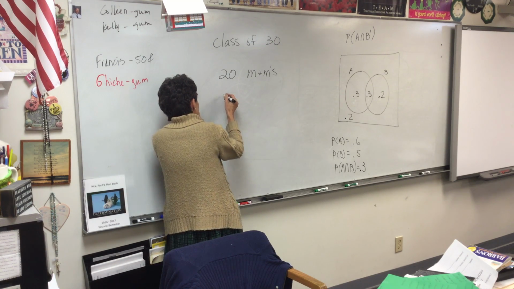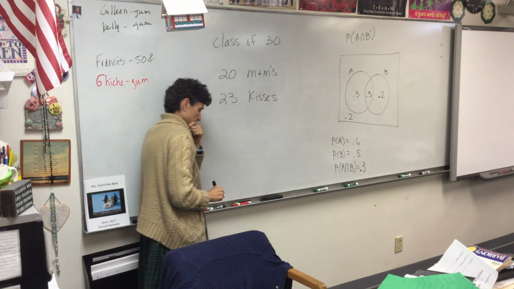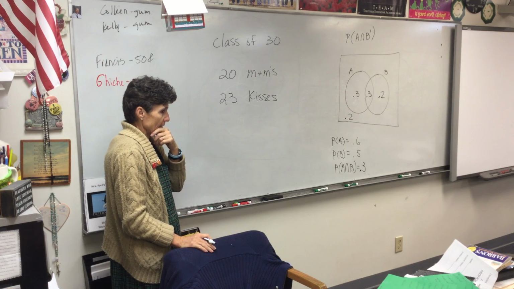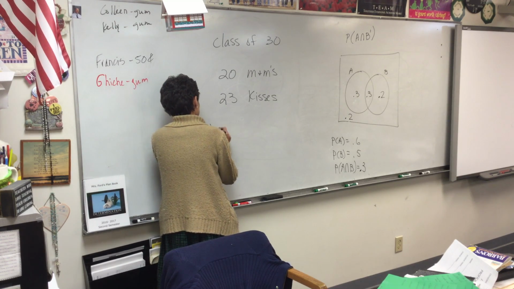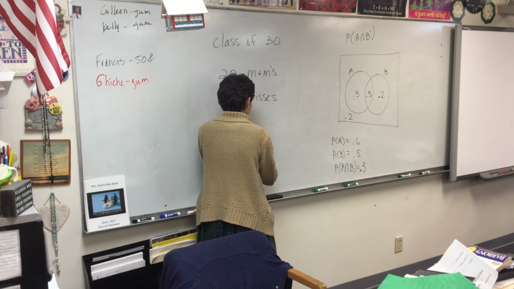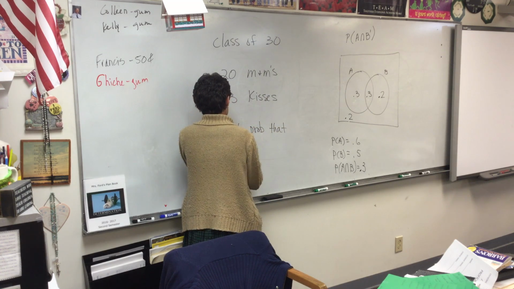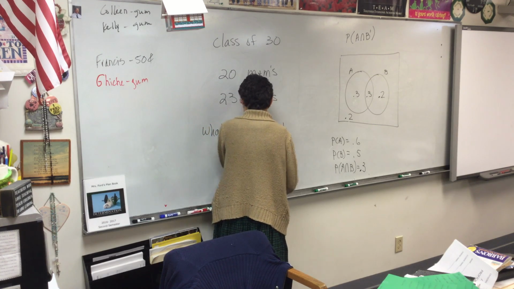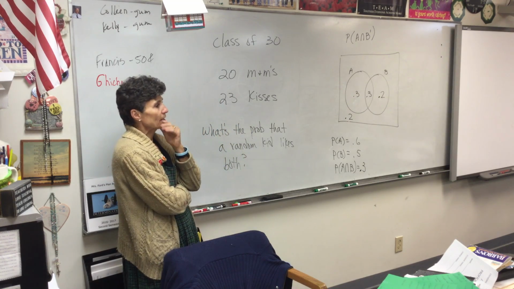And 23 hands go up. Now, everybody in the room has raised his hand. Everybody in here likes either M&Ms or Kisses. The question is this. What's the probability that a random student in the class likes both? Now, can you figure that out?